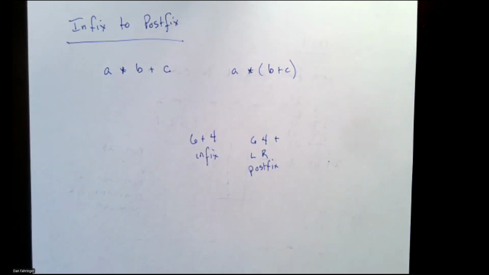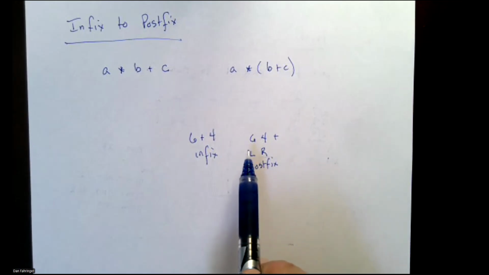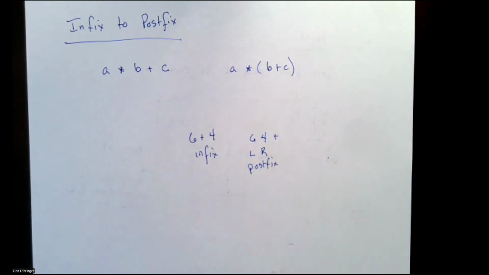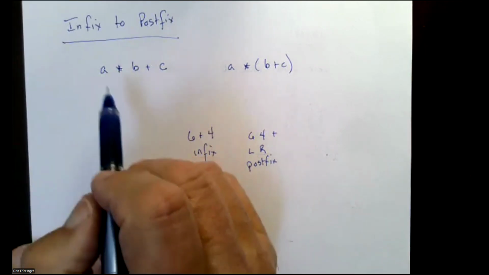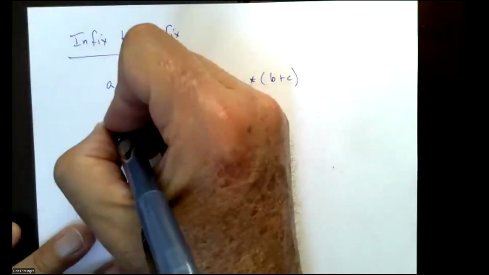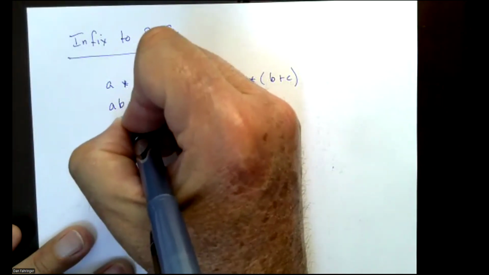If I come up to this first one, I had what was on the left, what was on the right, and the plus, but now I have more than one operator. Which operator gets done first? The multiplication or the addition? Multiplication. Order of operations says the multiplication, so we do it first. We say A, B, times.